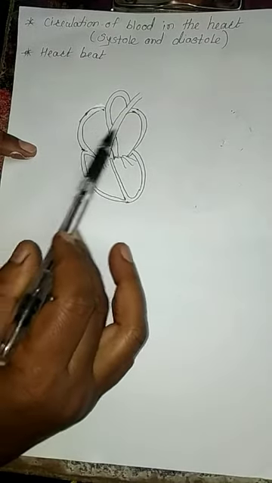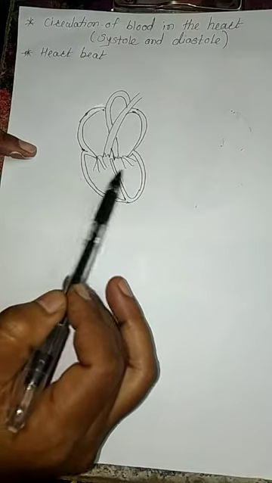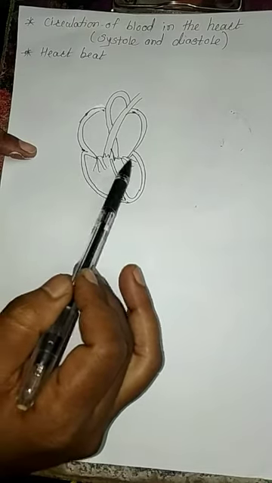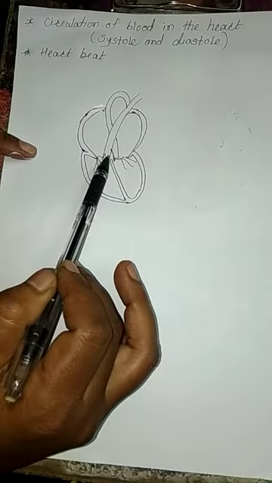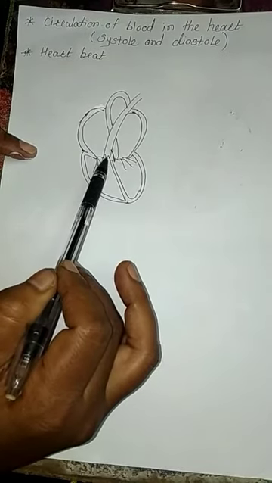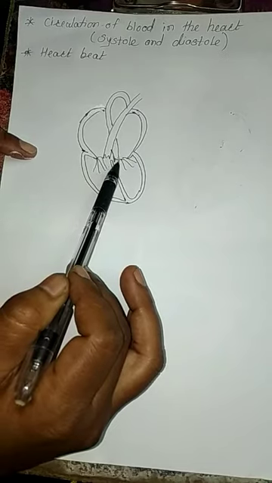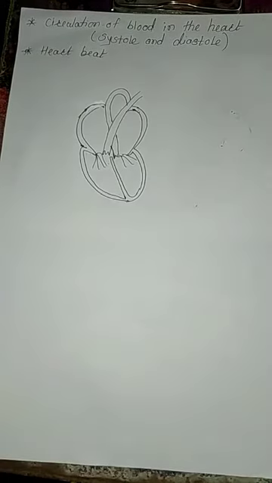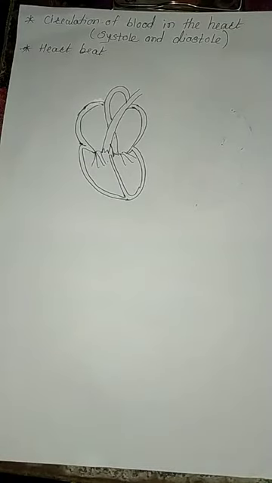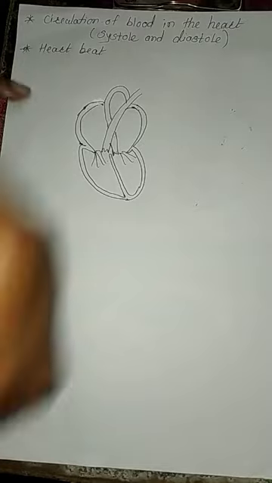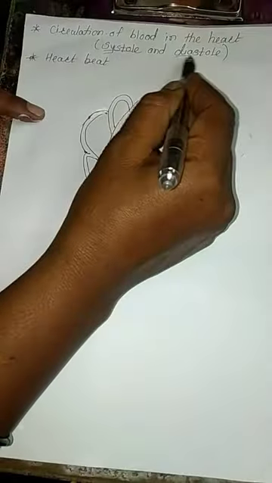The upper chamber is called the auricle and the lower chamber is called the ventricle, and there are four valves: the tricuspid, the bicuspid, the pulmonary semilunar valve and the aortic semilunar valve. We discussed that in my previous video, and in this video I will explain the two main phases of the heart. Due to these phases the heart contracts and relaxes. Got it? The two main phases are called systole and diastole.